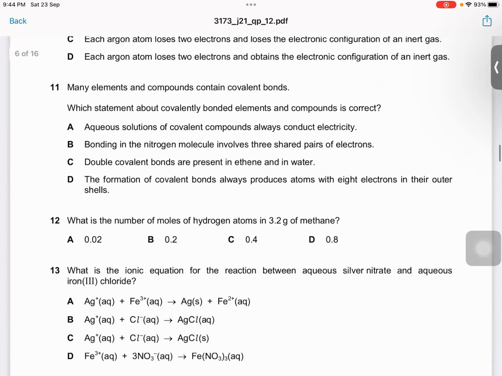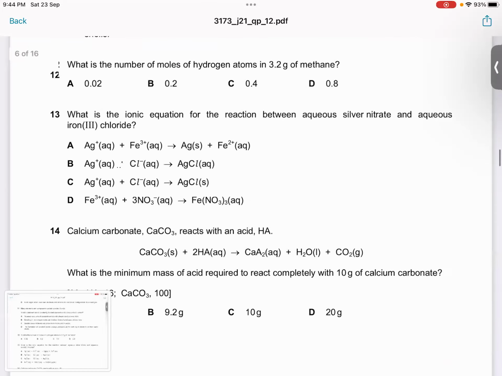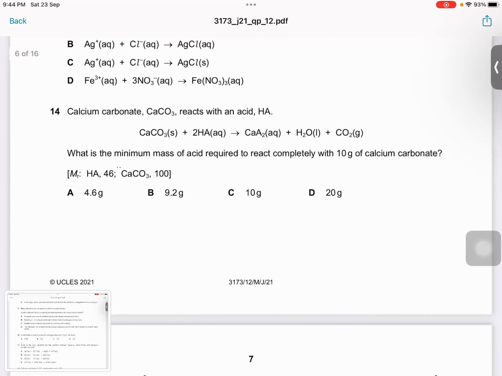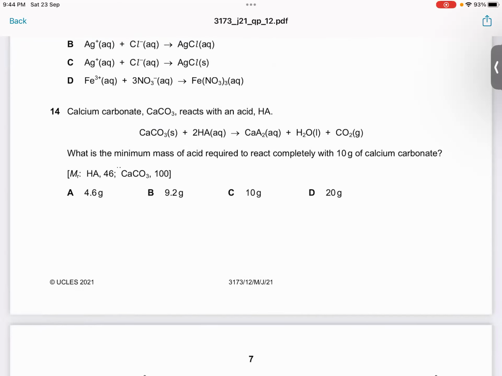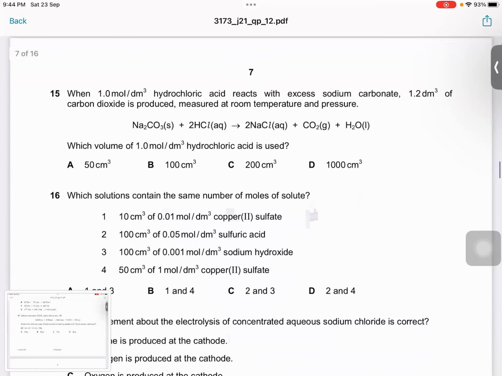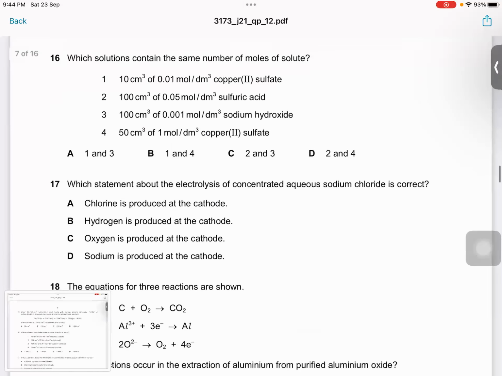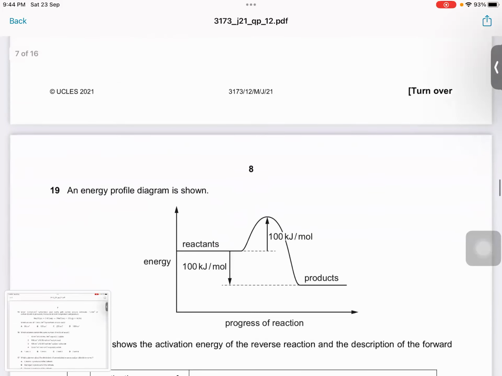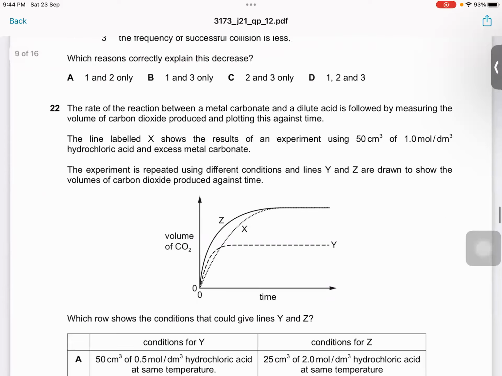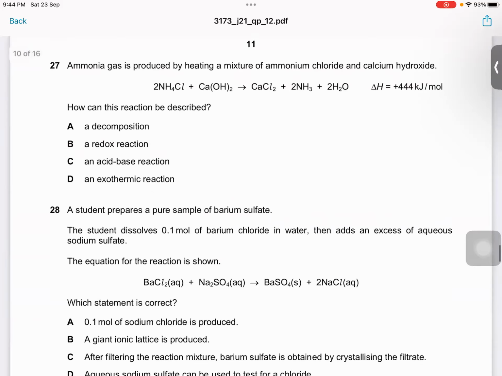First question, question number 12. What is the number of moles of hydrogen atoms in 3.2 gram of methane? Then questions 14, 15, 16 are also on moles. 4 questions are from moles, so you can imagine how important it is.